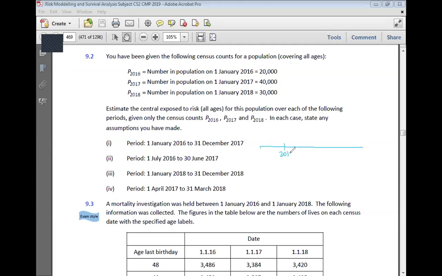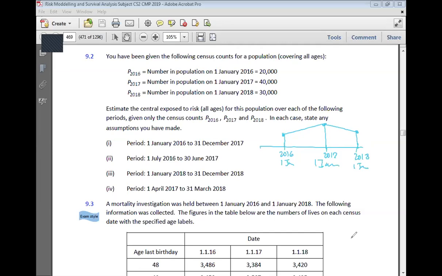So I have 2016 information, I have 2017 information, and I have 2018. So everything is 1 Jan, all right? So I have some 20,000 people here, some 40,000 people here, and then some 30,000 people there. So something like this. All right, and you can just join it here as well.